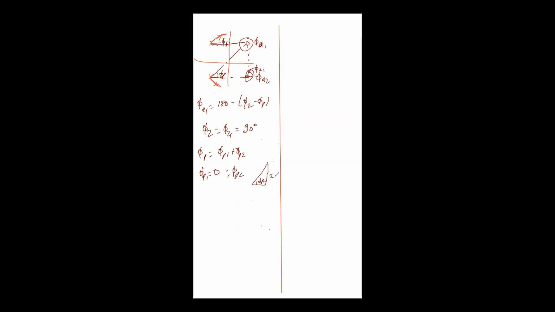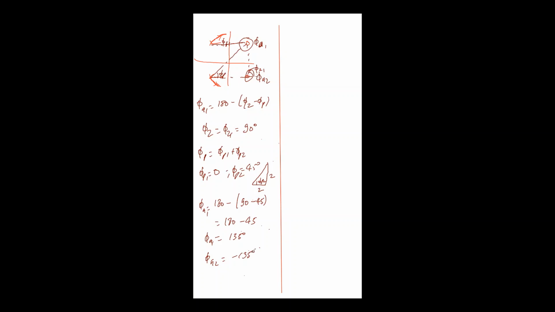The height is 2 and the base is also 2, so it will again come out to be 45 degree. So phi A1 is 180 degree plus 90 minus 45, so 180 minus 45, which will be equal to 135 degree. If phi A1 is 135 degree, phi A2 will be minus 135 degree by mirror image property.